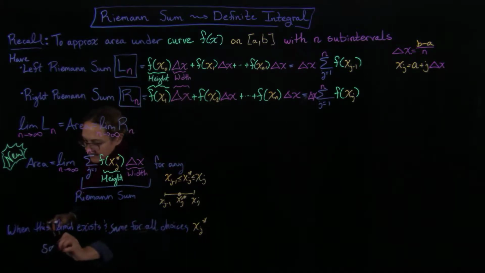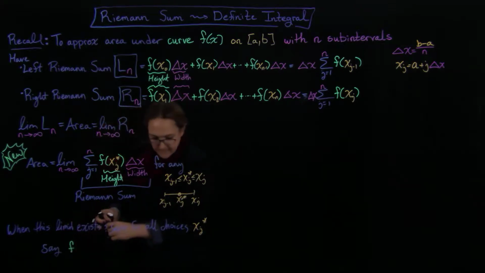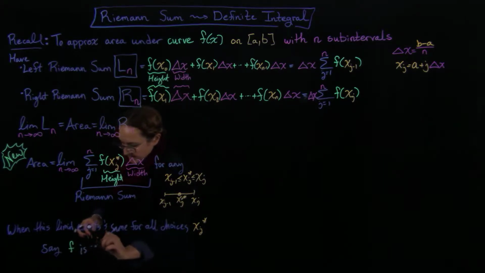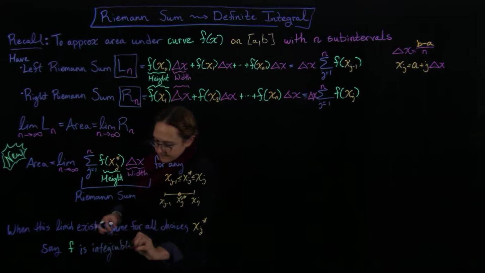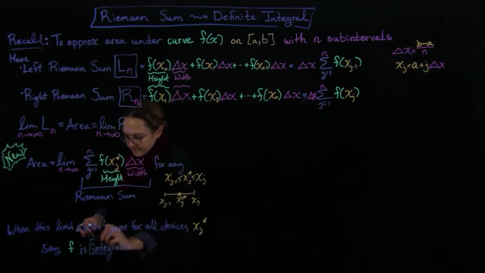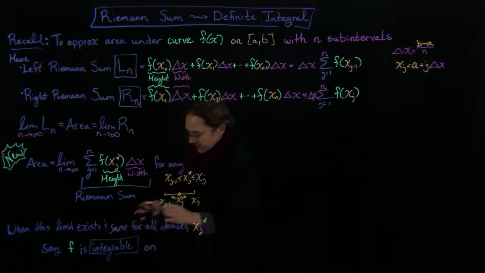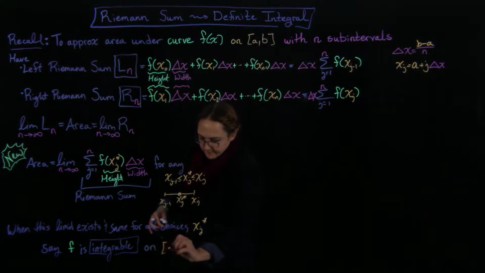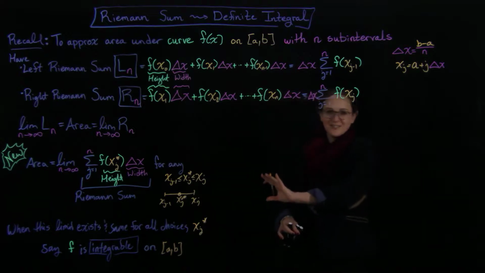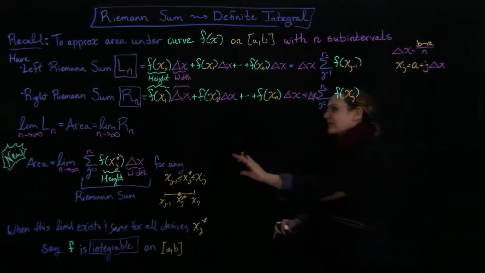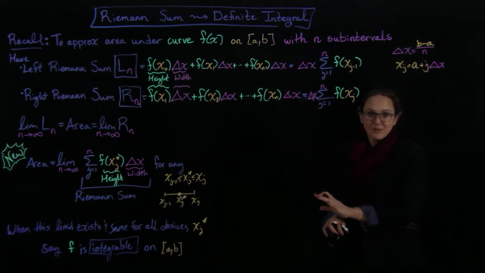We're going to say our function f is integrable, like a new word, on this interval AB. So when this limit exists, and I could have chosen any points within the interval, then we're going to say the function is actually integrable.